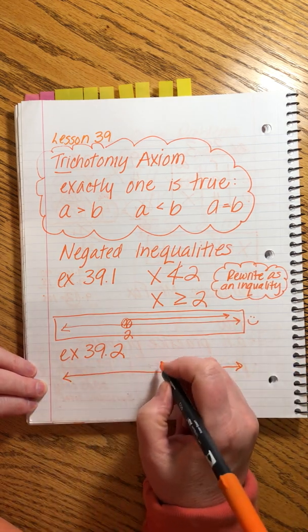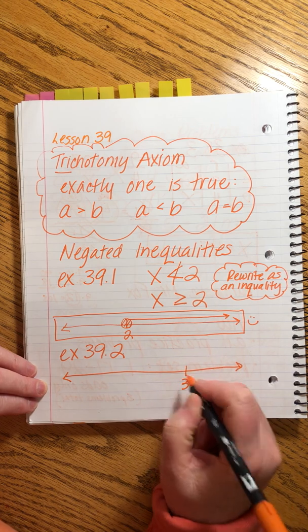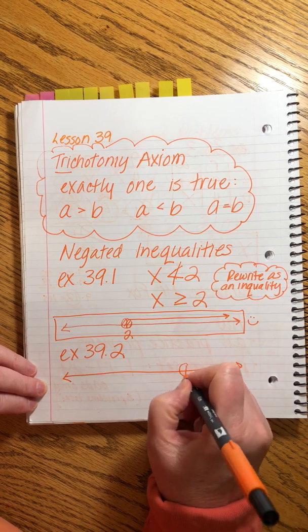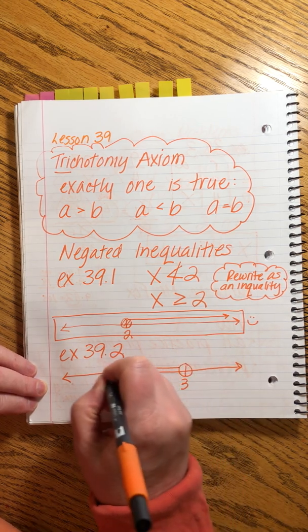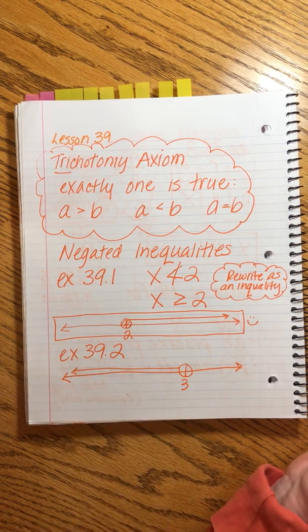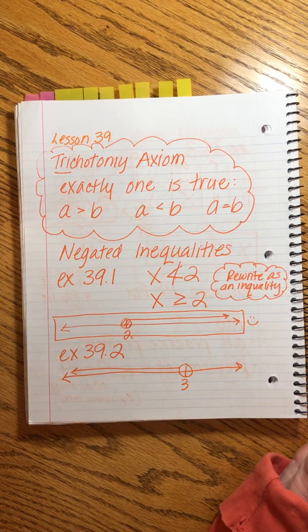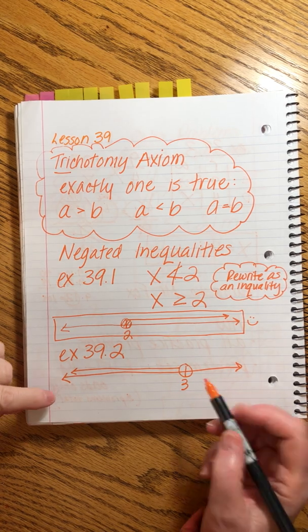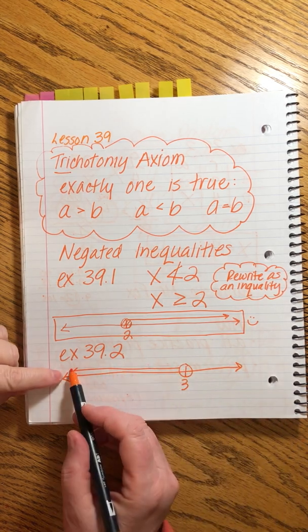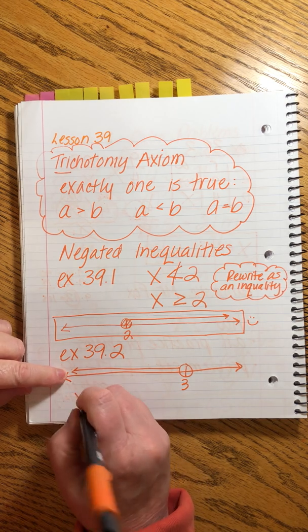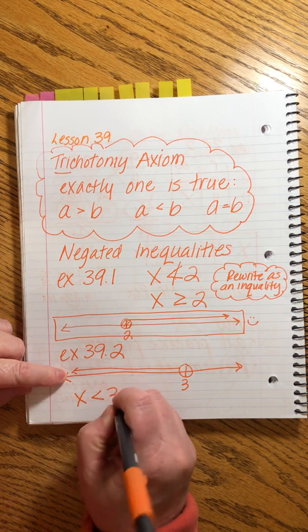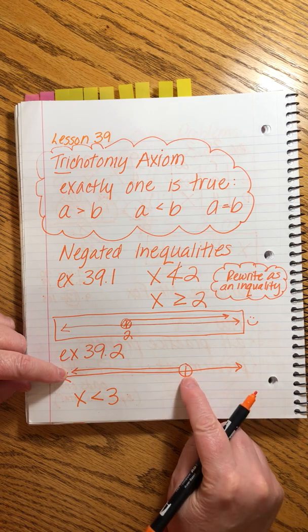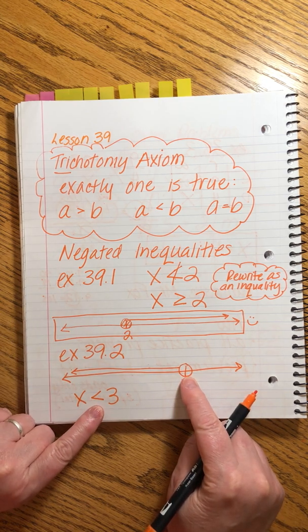The picture looks like this. It's got a lot more numbers on it. I'm just going to start at 3, but there's a circle at 3, and it goes this way. Now, the first thing we want to do is write just a regular inequality about this. So we can see that it's x is less than 3, and then the other question is, should we include 3 in the solution by putting an equal sign there?